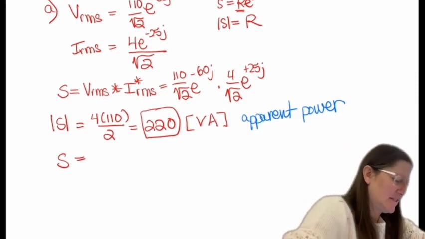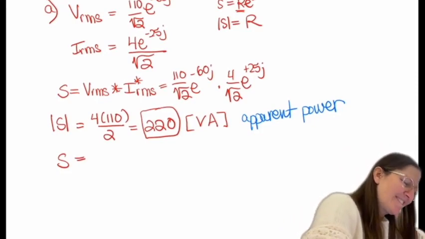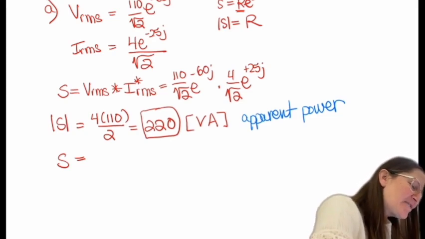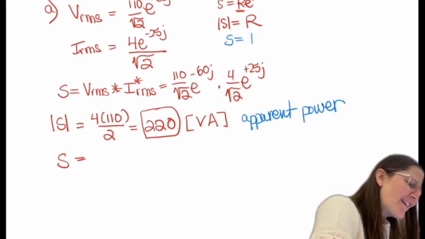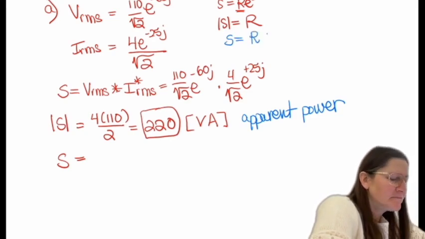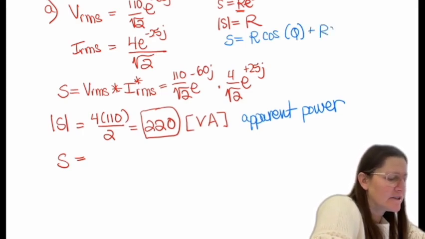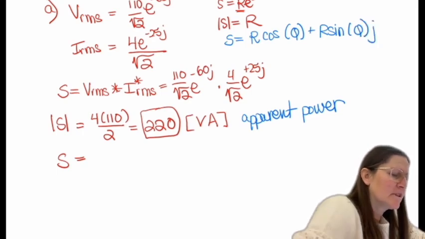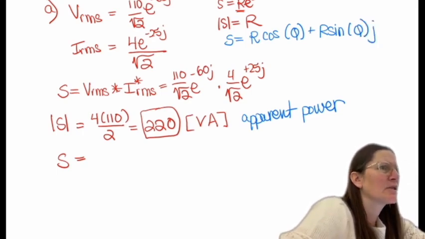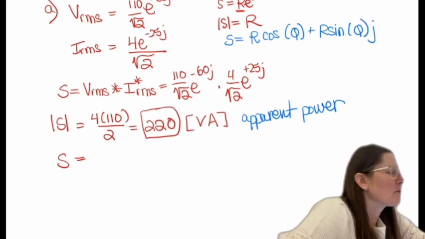It's straightforward, right? From polar, you take R cosine of theta plus R sine of theta j, and that's how you get to rectangular form.